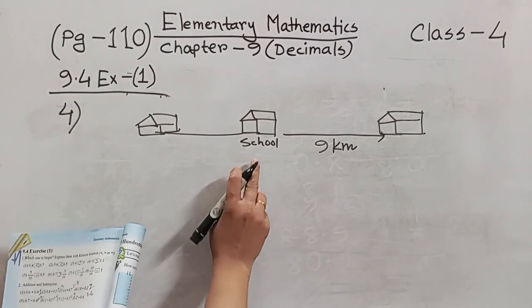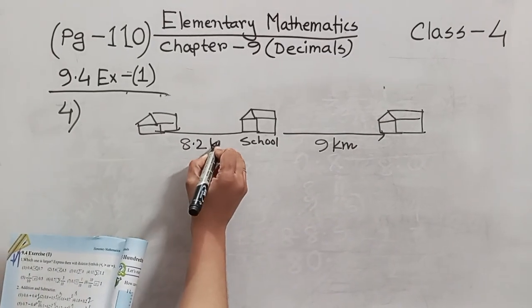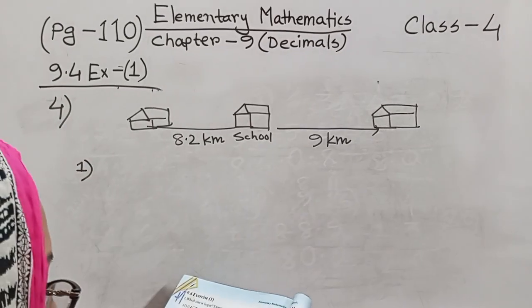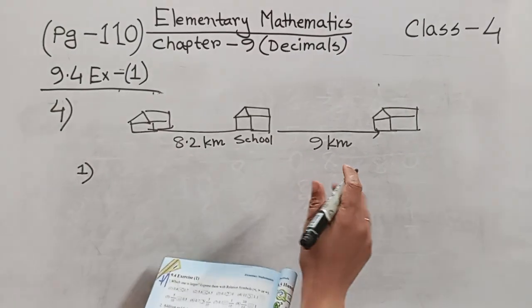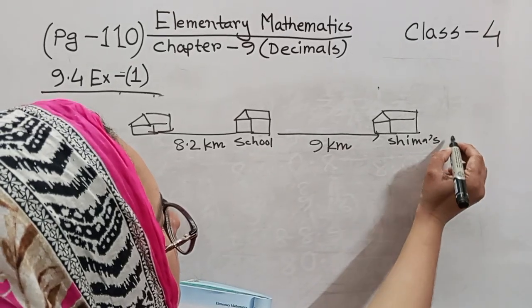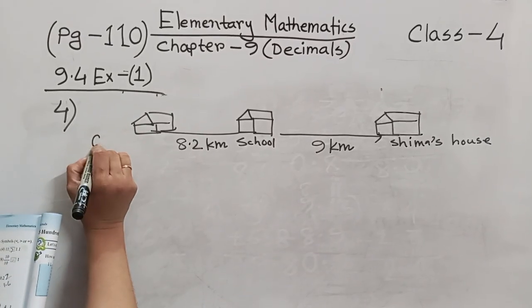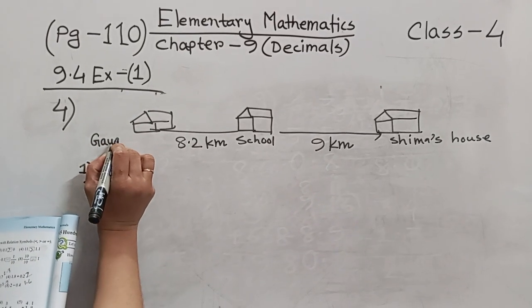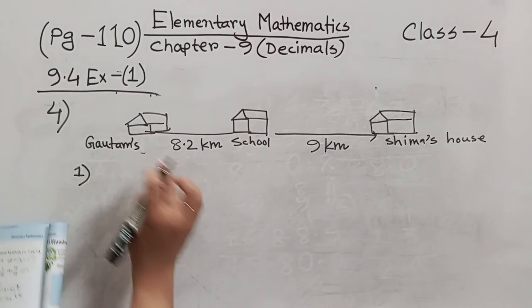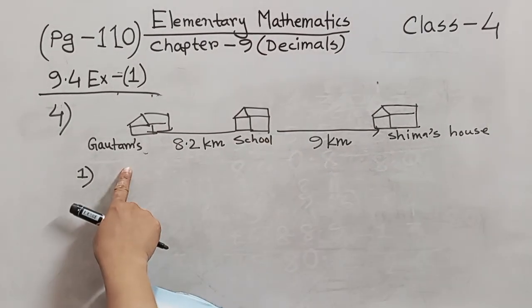And the distance from school to Gautam's house is 8.2 kilometers. In question number 1, it is said, how far is Shima's house? This is Shima's house. And this is Gautam's house. So it is said, how far is Shima's house from Gautam's house.